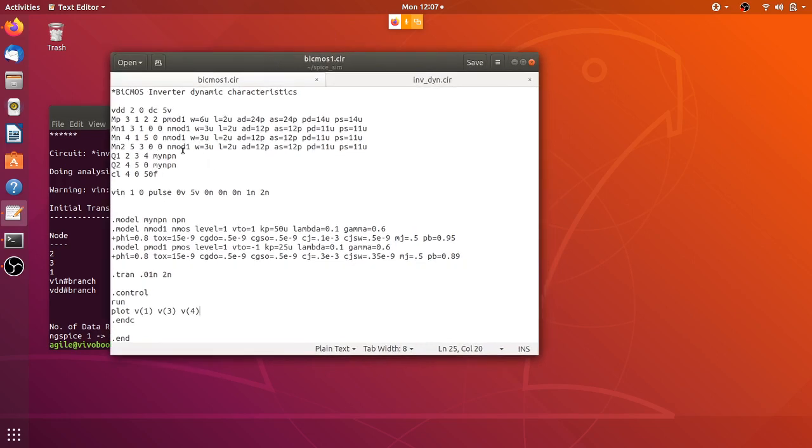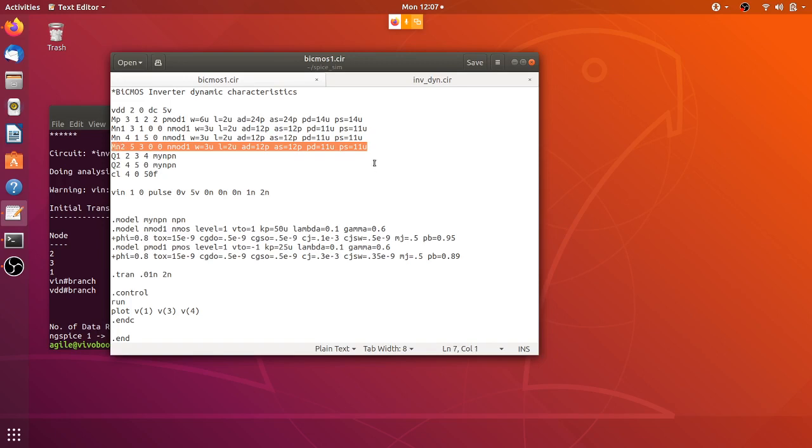If you look into this program, you can see the netlist. The netlist will contain a few more additions. And what are the additions? You have two NPN transistors, referred to as Q1 and Q2, and in addition to that there is one NMOS here and another NMOS here.